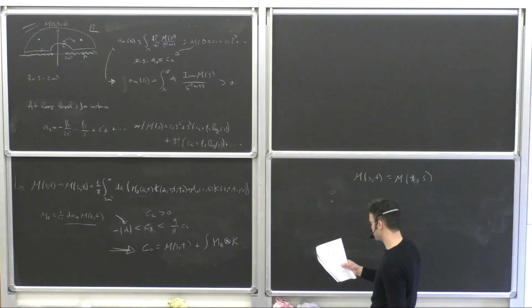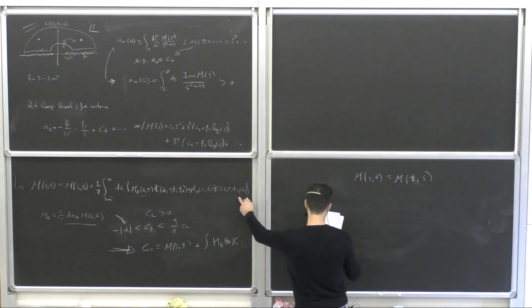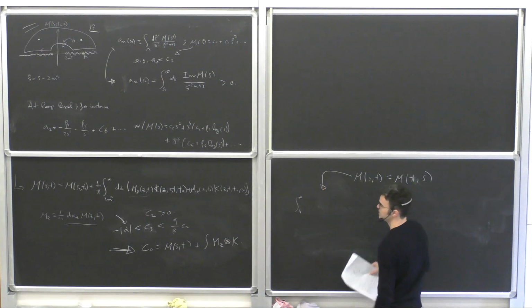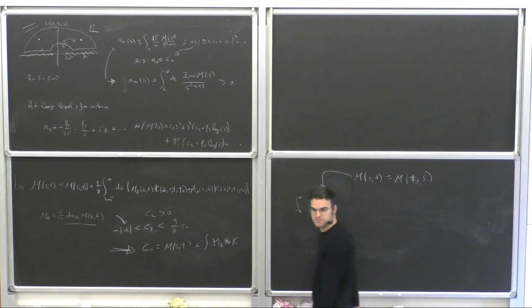So now let's be a bit more systematic. What is the idea? The idea is to take this equation here, decompose it into partial waves, and plug it into the right-hand side of this dispersive integral.